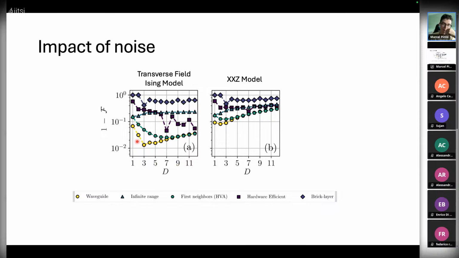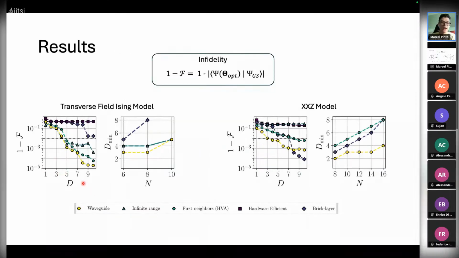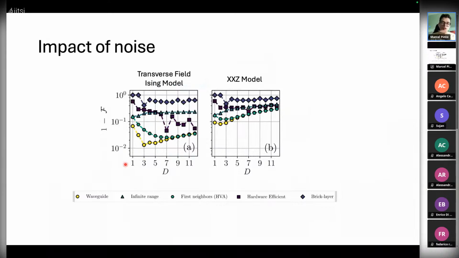So you see that when you add noise, the waveguide ansatz that they're proposing is still much better. And of course, we can't reach as low an infidelity as in the previous plots, here we're going to almost 10 to the minus 5, but in the presence of noise, you still have a pretty good infidelity.